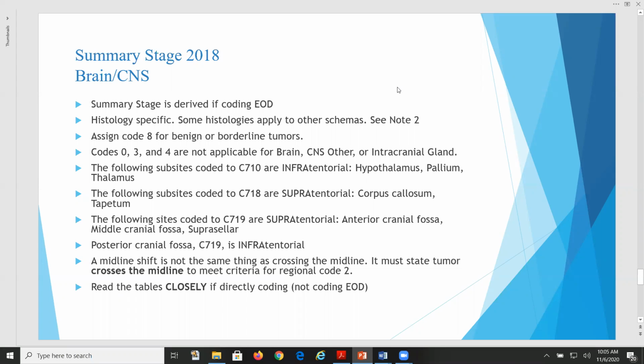Posterior cranial fossa is infratentorial. Midline shift is not the same thing as crossing the midline. The tumor must be stated as crossing the midline to meet the criteria for regional code 2. Read the tables closely if you are not directly coding EOD.